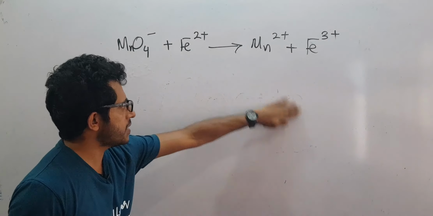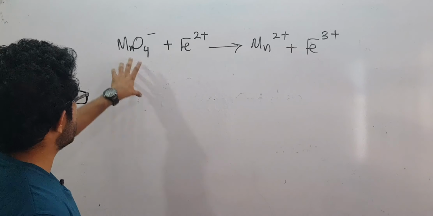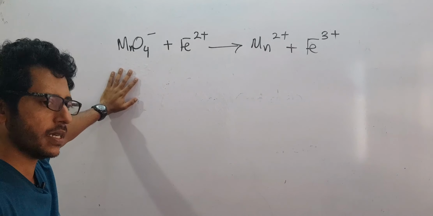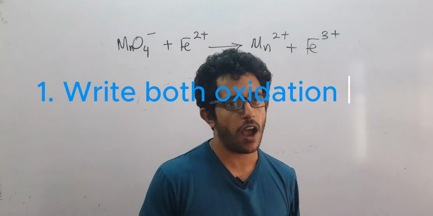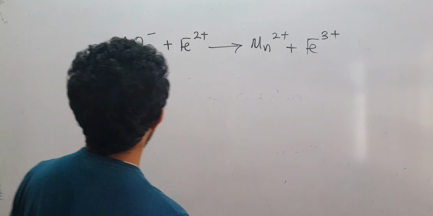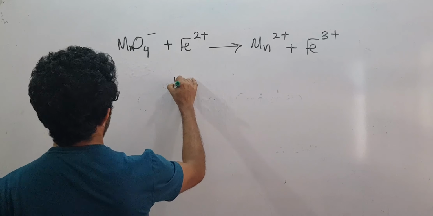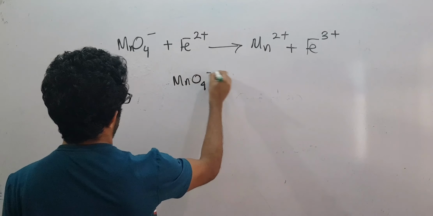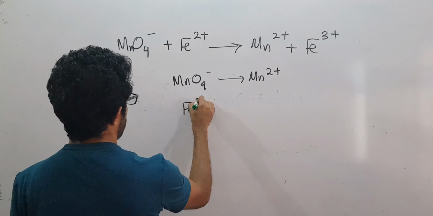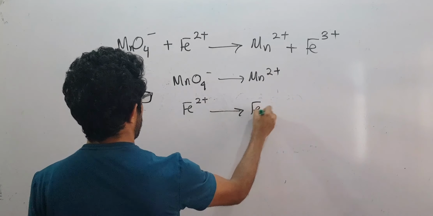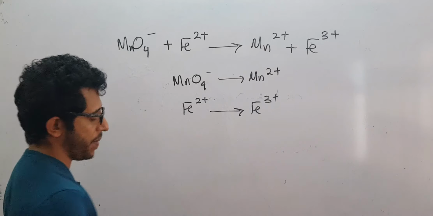The first thing is you have to write both the oxidation and the reduction half reactions separately, which means you have to write MnO4 minus goes to Mn2 plus, and Fe2 plus goes to Fe3 plus. You have to first note down these two reactions separately.